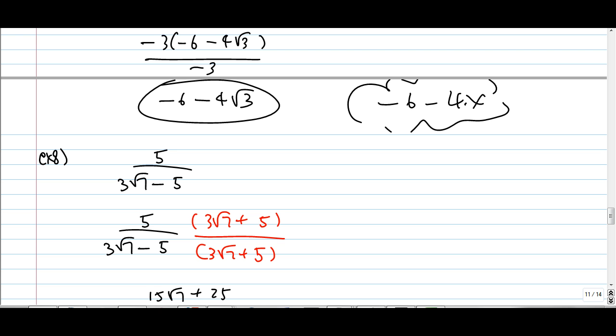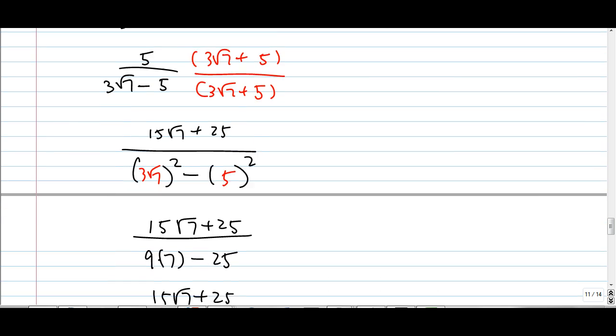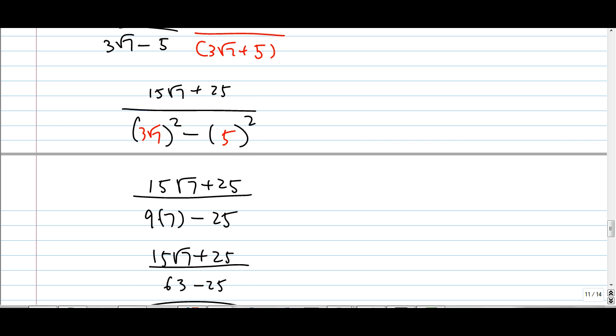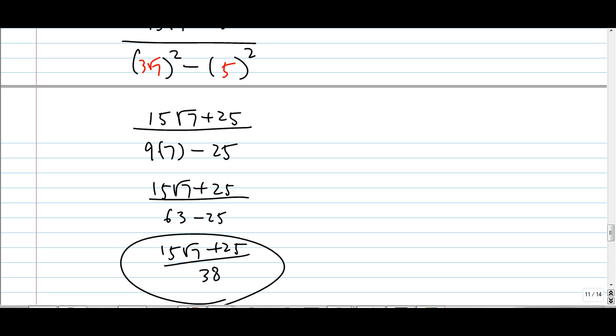I did 3 rad 7 squared minus 5 squared. Isn't that right? So what is 3 rad 7 squared, class? 9 times 7, right? Minus 25, which is 63 minus 25. How many people got this, 15 rad 7 plus 25 over 38? Raise your hand. Okay, very good.